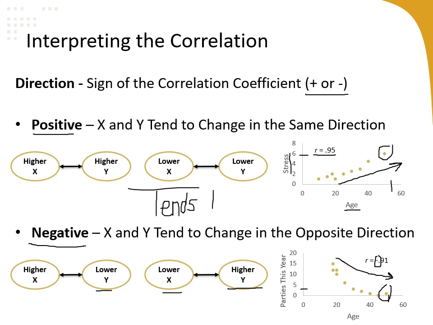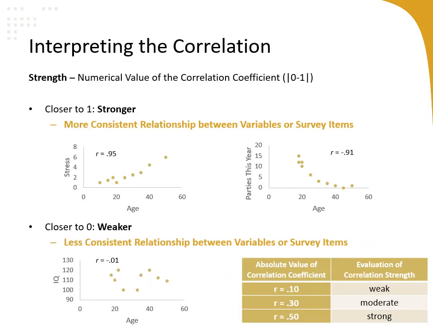Tends to shows that you're not saying it's a cause and effect, but it is a tendency based on the relationship found in the data. So tends to. And again, positive correlation, X and Y tend to change in the same direction. Negative, X and Y tend to change in the opposite direction.